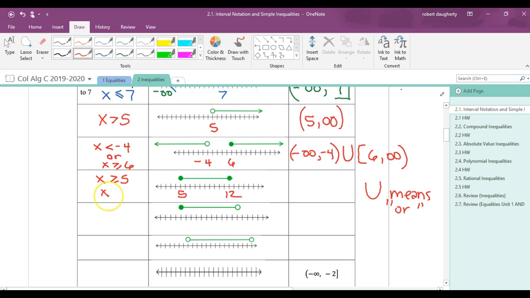What are these numbers? Less than or equal to 12. Now, does every number that you see meet both conditions? Yeah. So it's another way of saying x is greater than or equal to 5 and x is less than or equal to 12. Okay. Or you could write it this way.